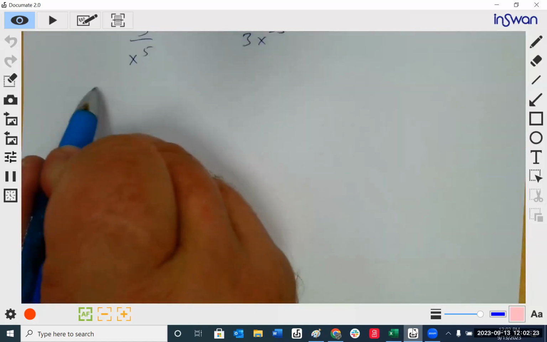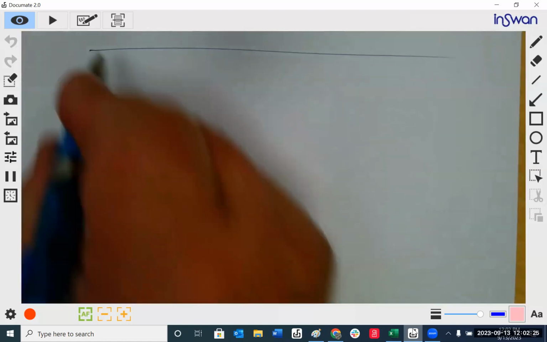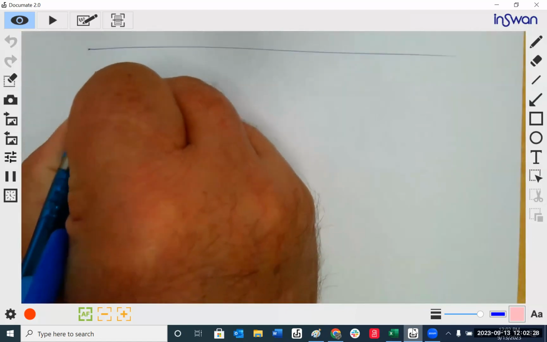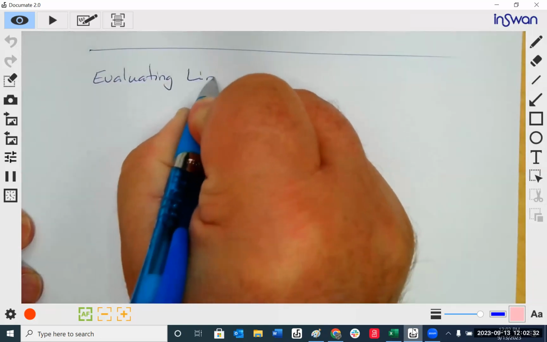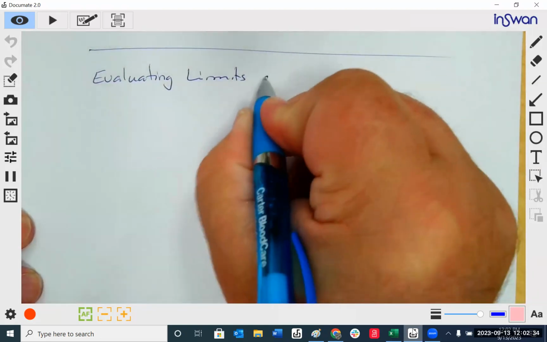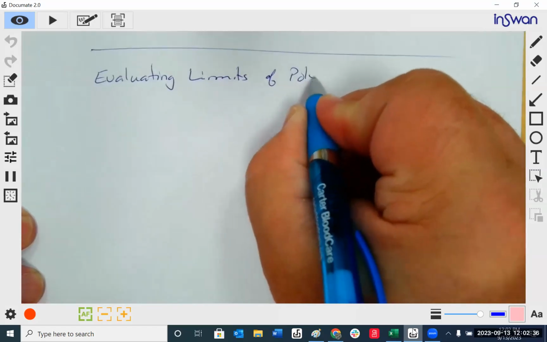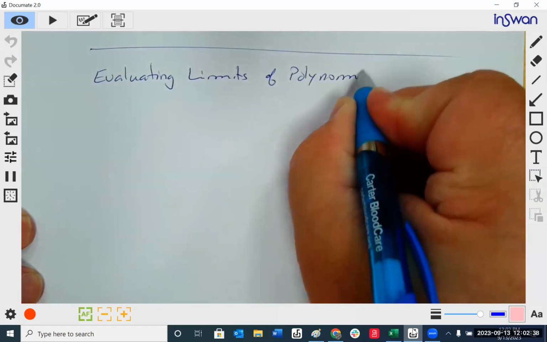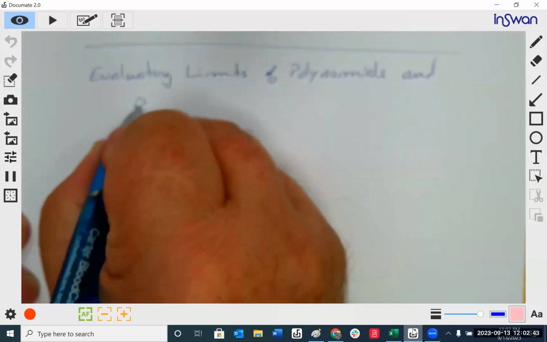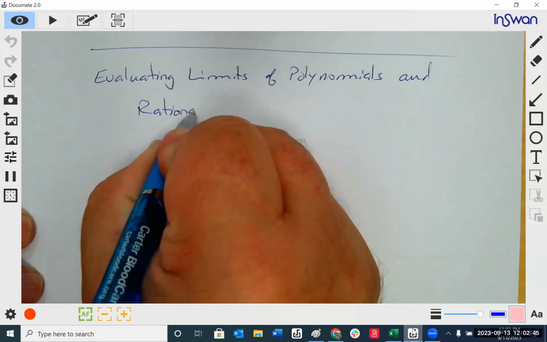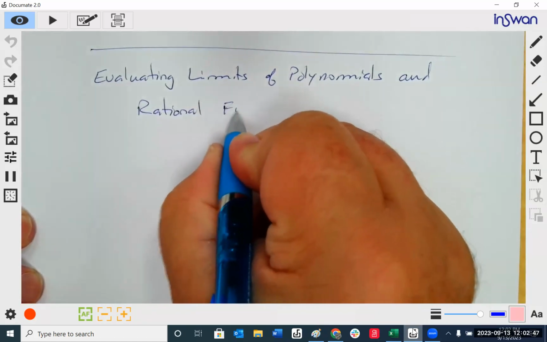All right, the next topic. Evaluating limits of large polynomials and rational functions.